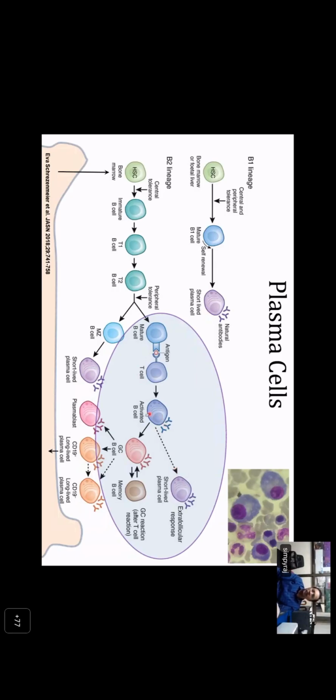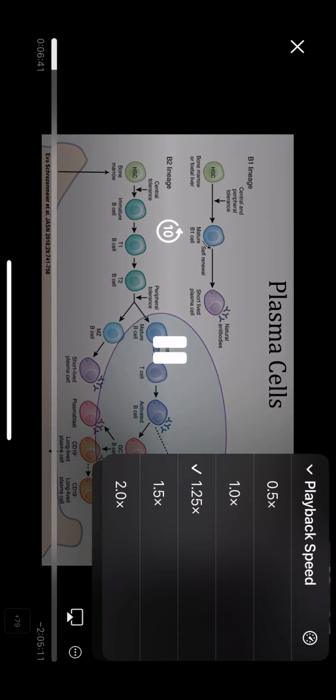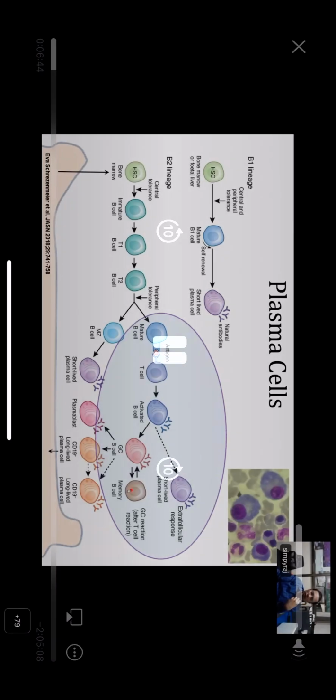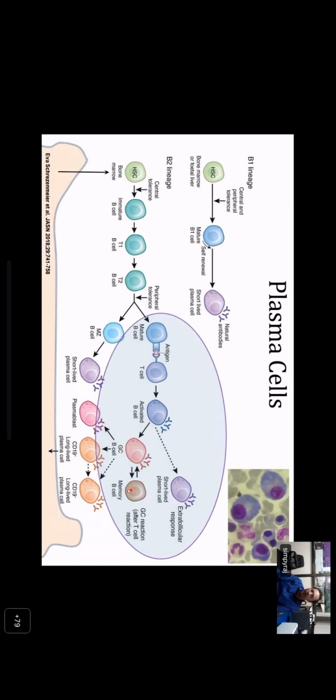Some of the activated cells undergo the germinal center reaction and then become memory B cells. These memory B cells retain memory of that particular antigen, so whenever that antigen enters our body, those B cells undergo proliferation and secrete antibody against it.